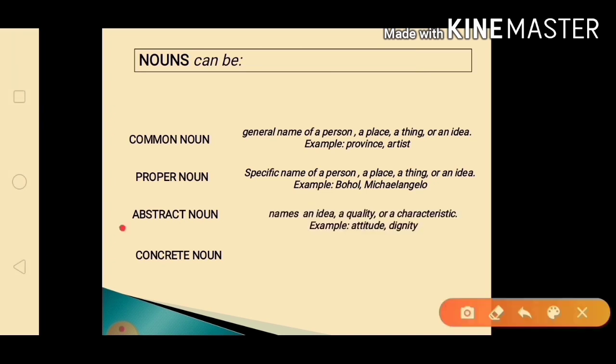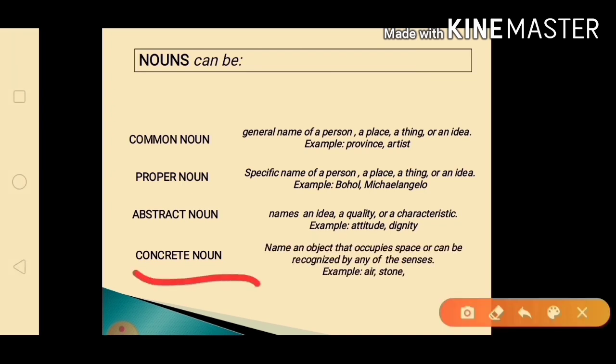How about abstract noun? Ang abstract noun, these are names of an idea, quality, or characteristic. Meaning to say, lahat ng mga pangalan na may characteristics or quality, that is an abstract noun. Unlike concrete noun, these are names of an object that occupies space or can be recognized by any of our senses.